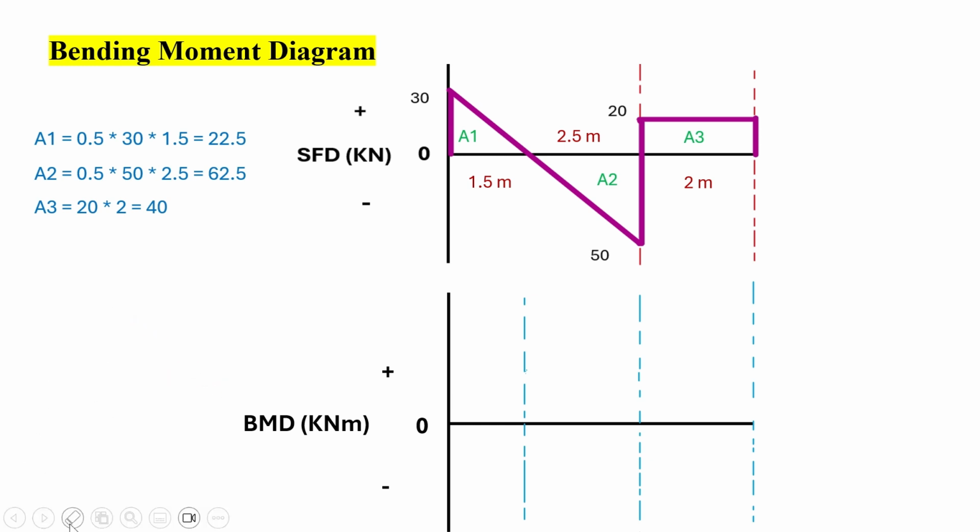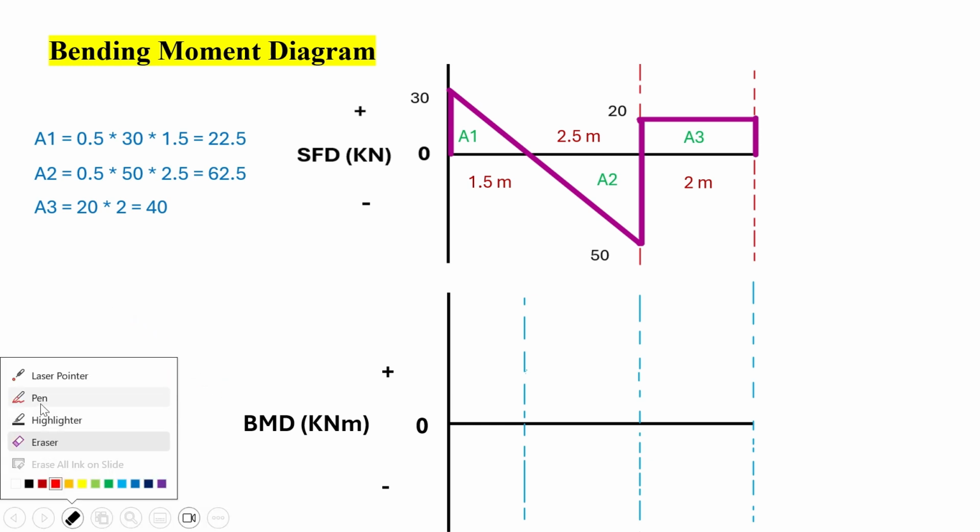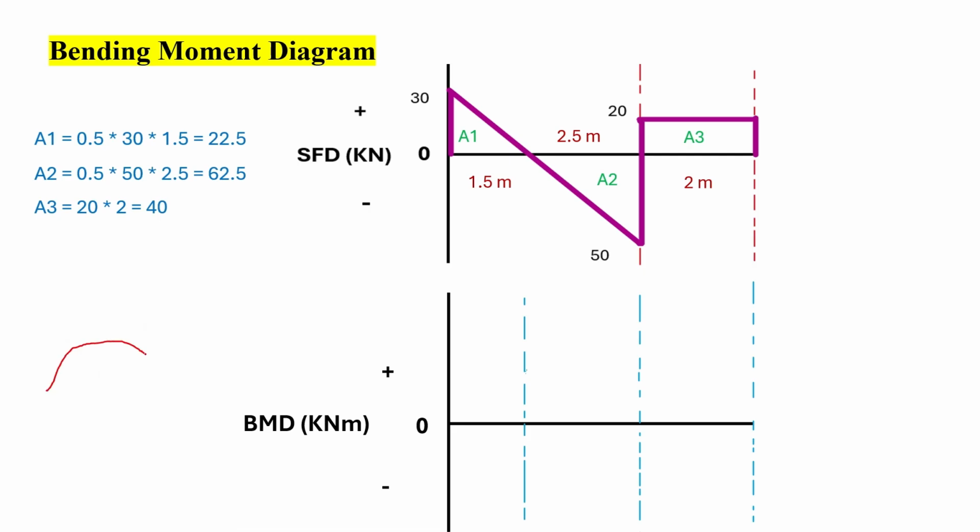Whenever the curve will be in this manner, the second degree curve will be in this manner, if the intensity decreases but the value is positive, meaning positive decrease, or here you can see that this increases but the intensity is negative.